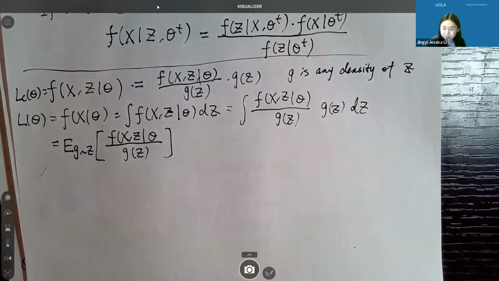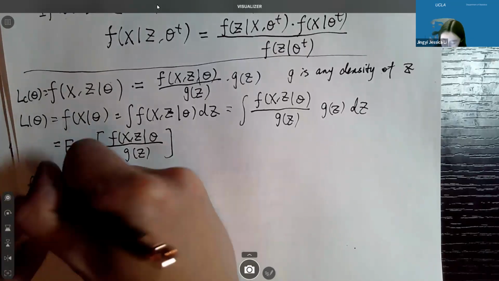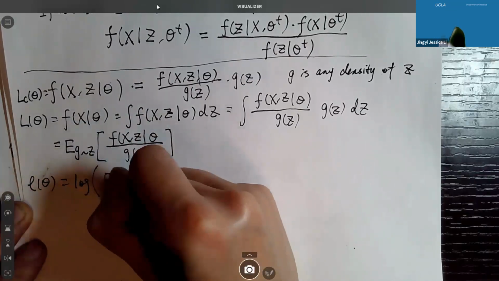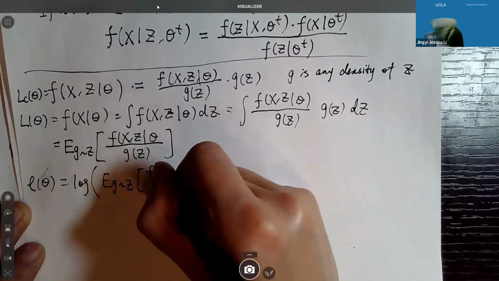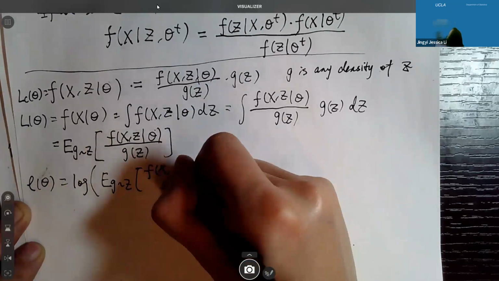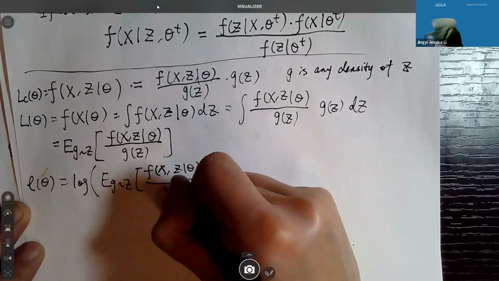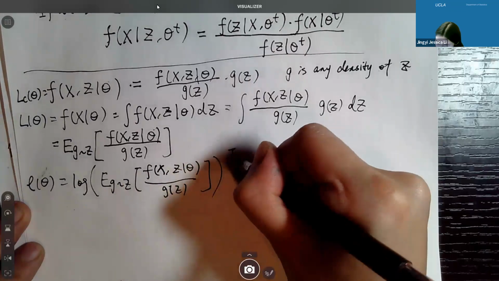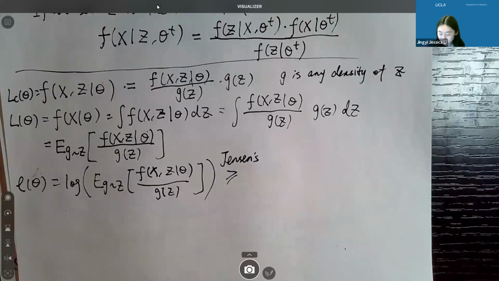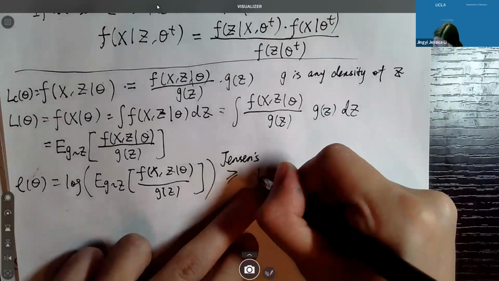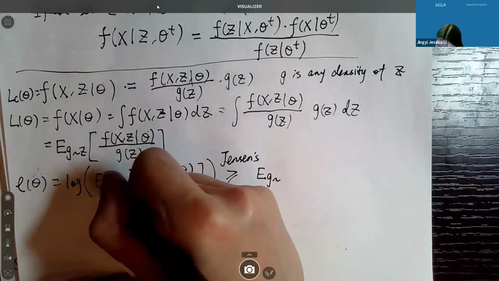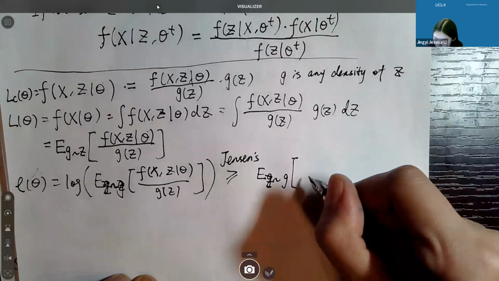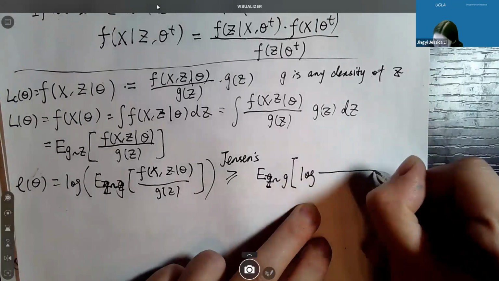Now I'm going to the log likelihood, which is just the log of this term. By Jensen's inequality, this will be at least the expectation, with z following g, of the log of this ratio.